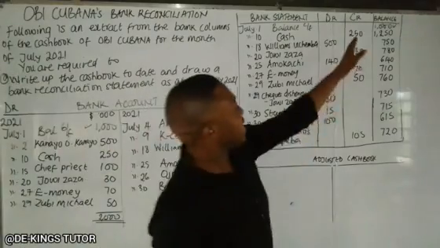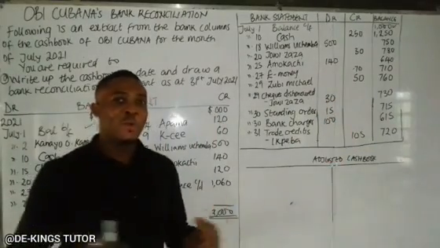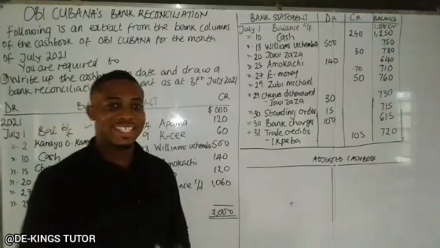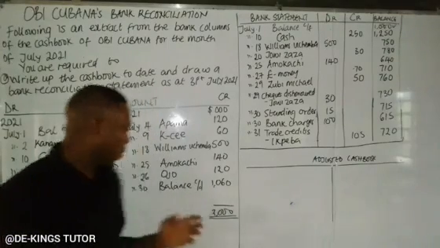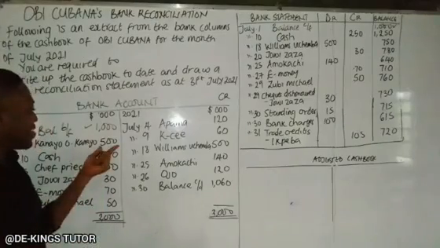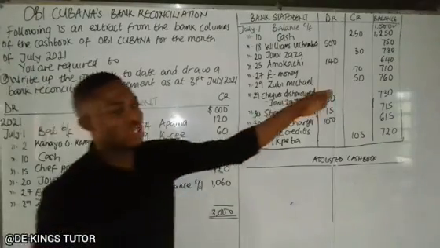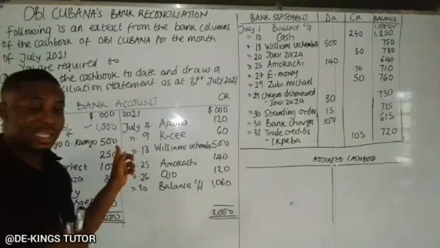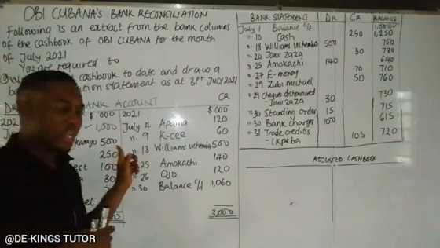But we check here, it is not here. Kanayo probably sent the money using his method. But apart from that, since we have it here but it is not here, it means this amount is an uncredited cheque that was received.